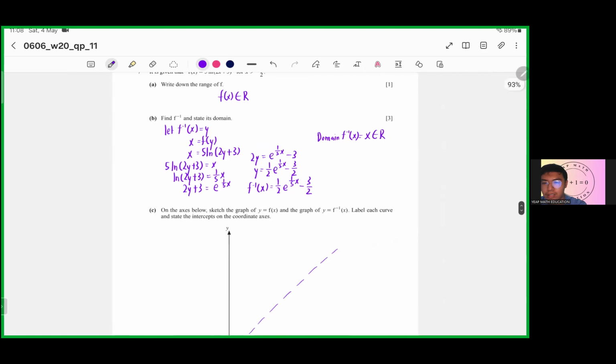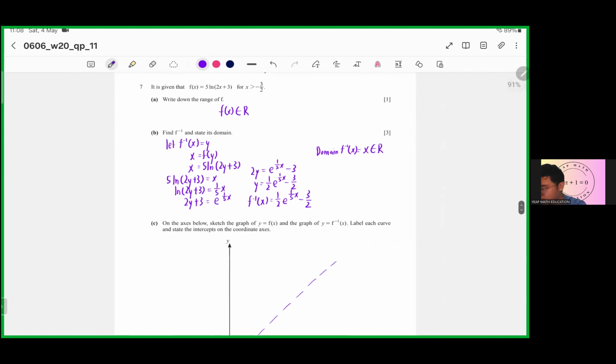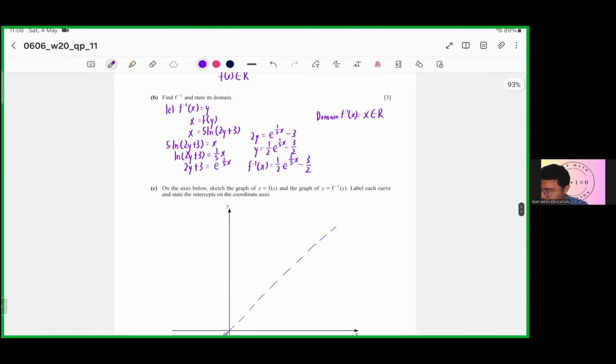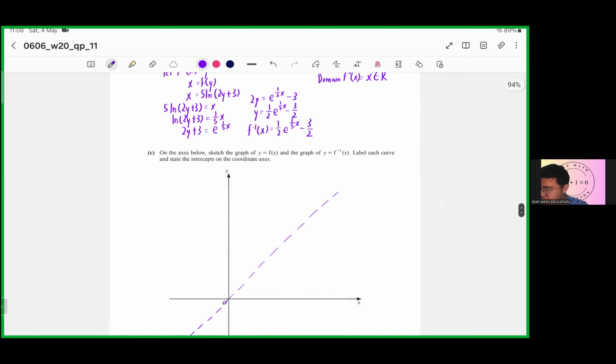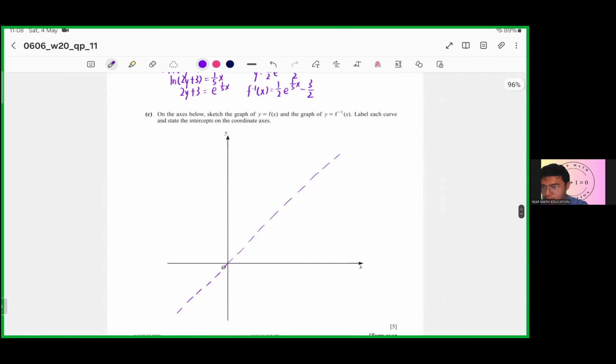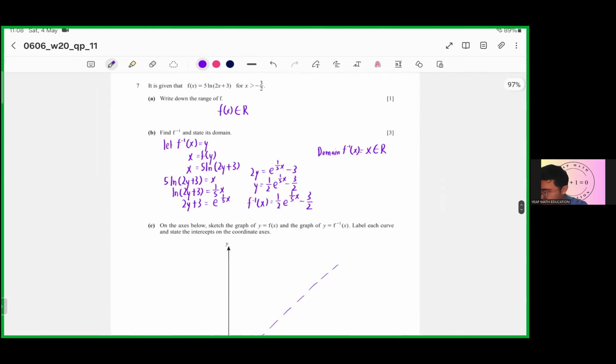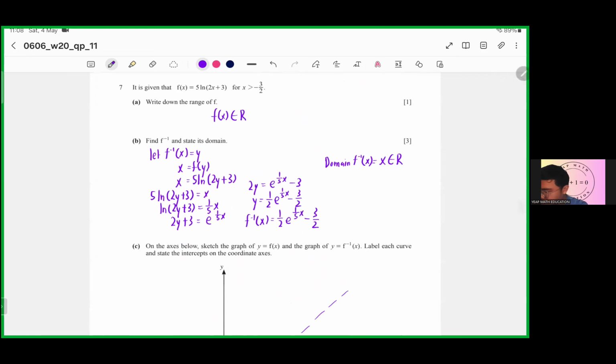Okay, now we start to sketch first. As we know, our question says x is more than negative 3 over 2, right?